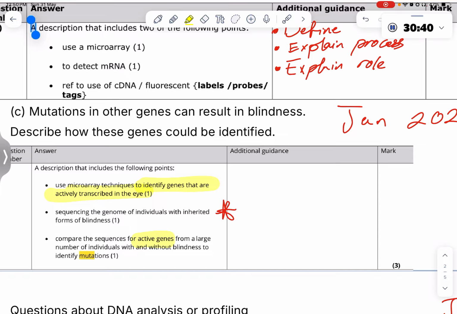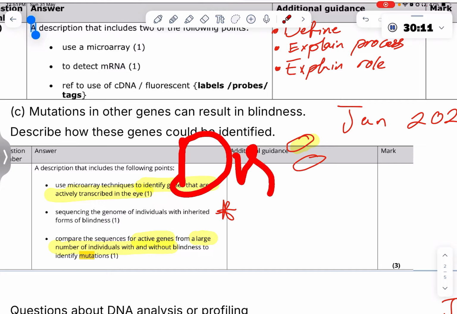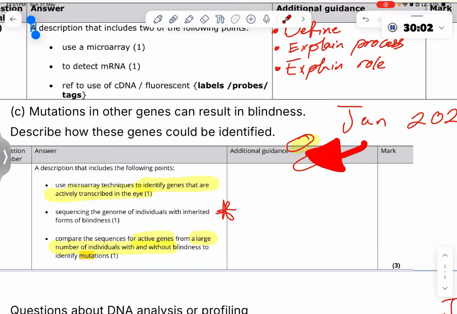And we have discussed this point before, that we need to compare the genome sequence between two different groups of people, the diseased and healthy, because we need to identify the genes that were transcribed in the diseased, so they may have played a role in the presence of the disease, and also the genes that are activated only in the healthy, so maybe they were silenced and then caused the disease in the diseased.